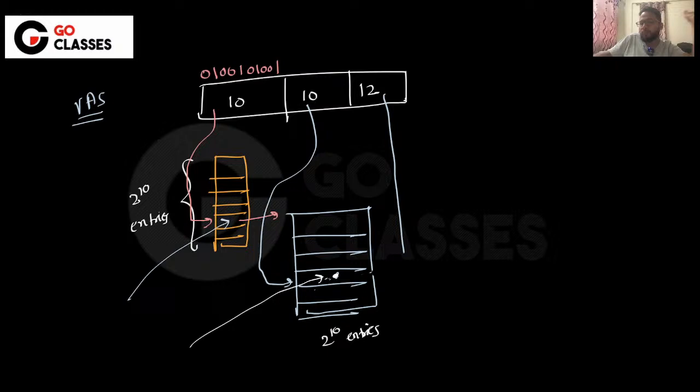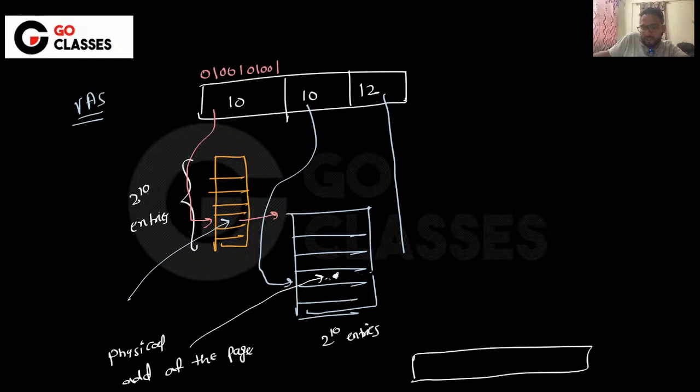It's still not the exact byte. So you put this physical address here as it is, and you put the offset here. This is the physical address of the page, and this is the page offset.